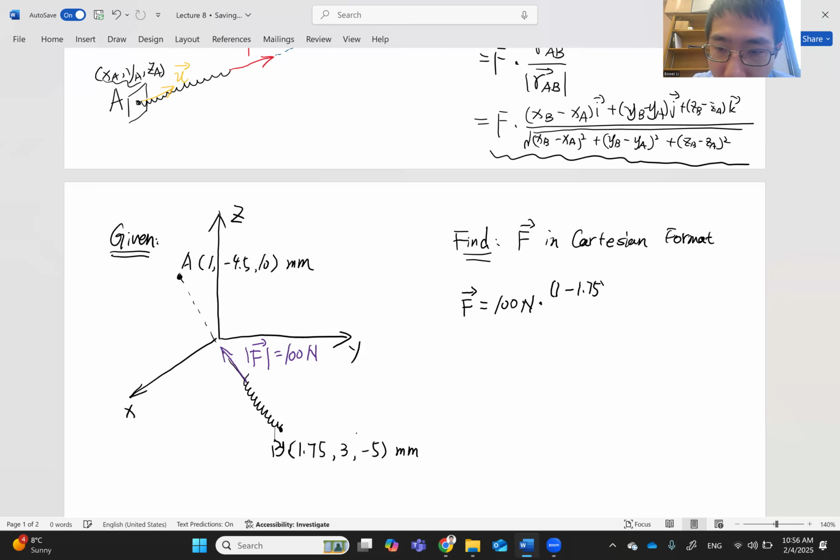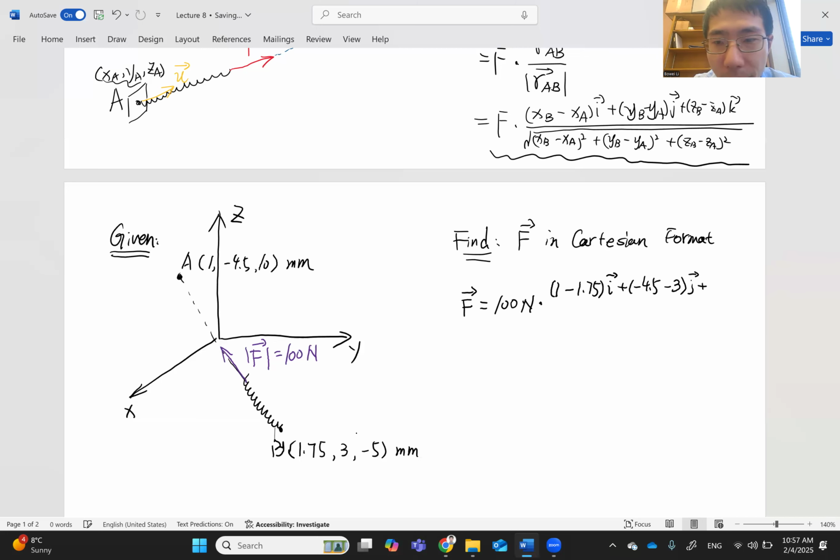Okay, this is our i. And how about j? Similarly, it is the y coordinate of the endpoint, 4.5, minus the y coordinate of the start point, 3. Okay, j. And how about the k component?